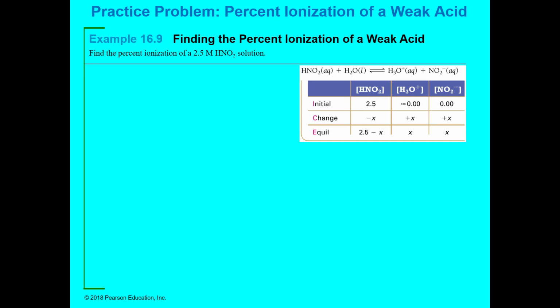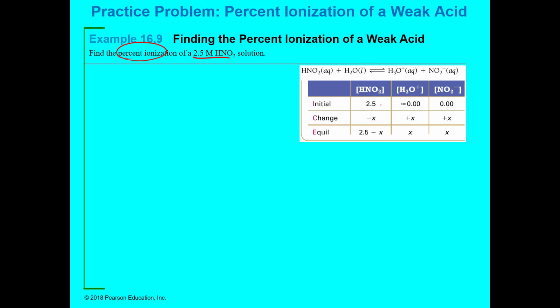So if we want to find the percent ionization, we need to know the initial concentration of the acid, and then we need to be able to write the hydrolysis of that acid. So you're finding the percent ionization. You've got 2.5 molar HNO2, which is a weak acid.